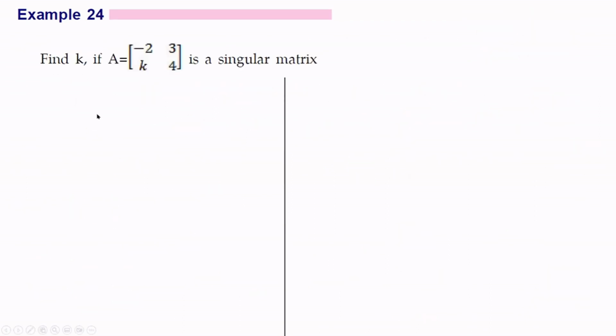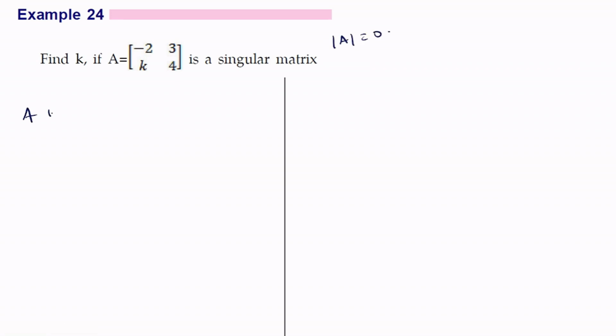Moving on. Next question. Find k if A equal to minus 2, 3, k, 4 is a singular matrix. So here we have to find the value of k if A is a singular matrix. We saw that a matrix is a singular matrix if the determinant value is equal to 0.